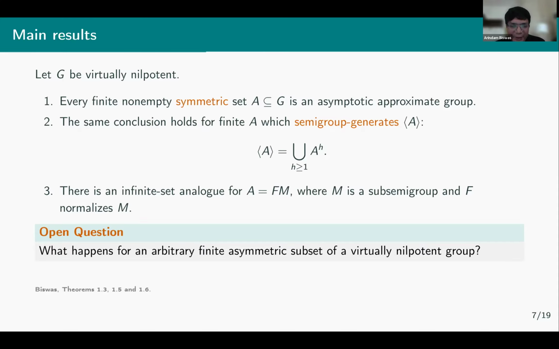So I don't know yet what happens for an arbitrary finite asymmetric subset of a virtually nilpotent group, because the proof method that we used here depends on the Bass-Guivarc'h theorem, and there we always deal with a metric, the word ball metrics, and so those are symmetric sets.